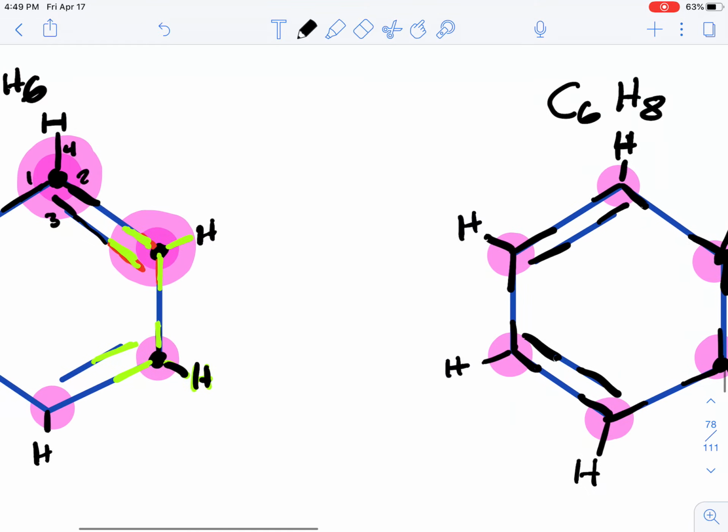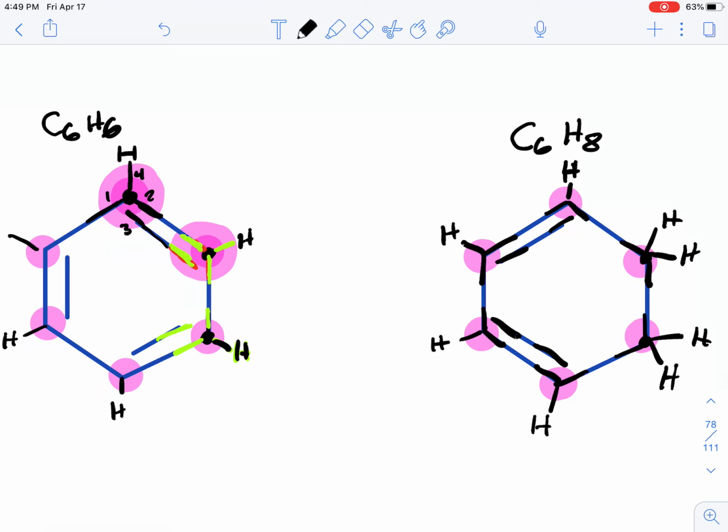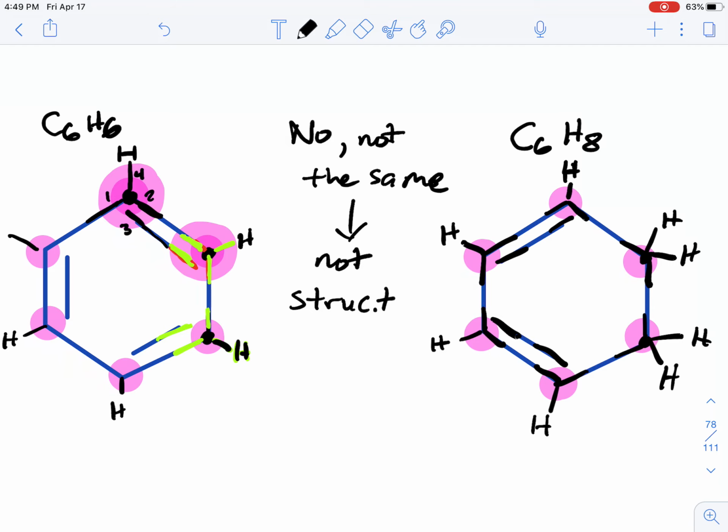So looking at the chemical formulas of these two structures, are they the same? No, they're not the same. And so if they're not the same, we can conclude that they're not structural or constitutional isomers.